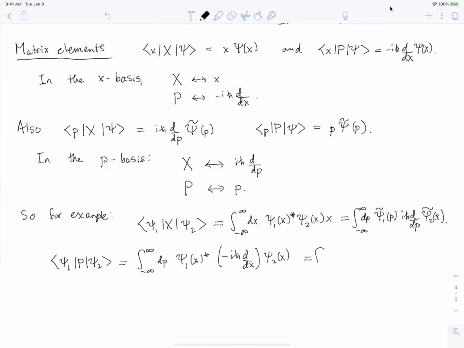Or I can write it using momentum completeness as minus infinity to infinity dp of psi1 tilde of p star, p psi2 tilde of p. Oops, I got my completenesses mixed up, and I'm missing a complex conjugate here.